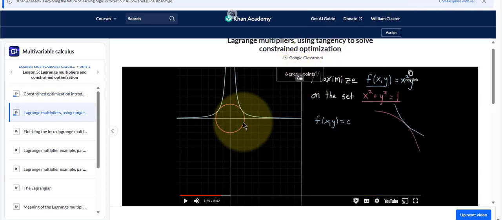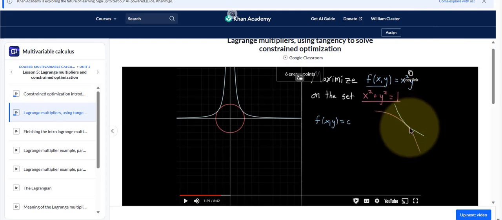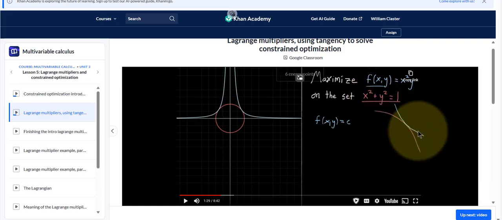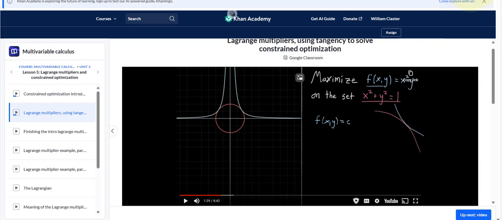So here's this picture again in the next video, and here he blows it up a little bit, and he's trying to show in this zoomed in version that it looks plausible that the slopes are the same right where they touch.